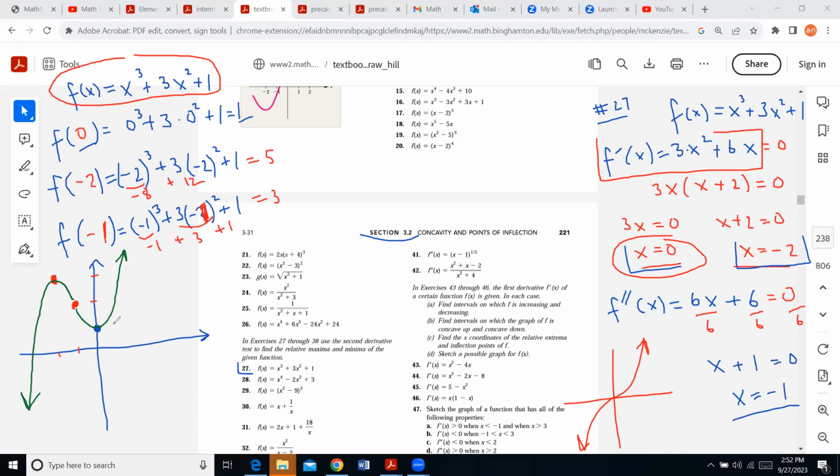And I clearly mark these points, such as the first coordinates (0, 1), and the inflection point where concave up changes to concave down, they say. So a parabola opening upwards changes to one opening downwards at (-1, 3). And finally, the last point with coordinates (-2, 5).